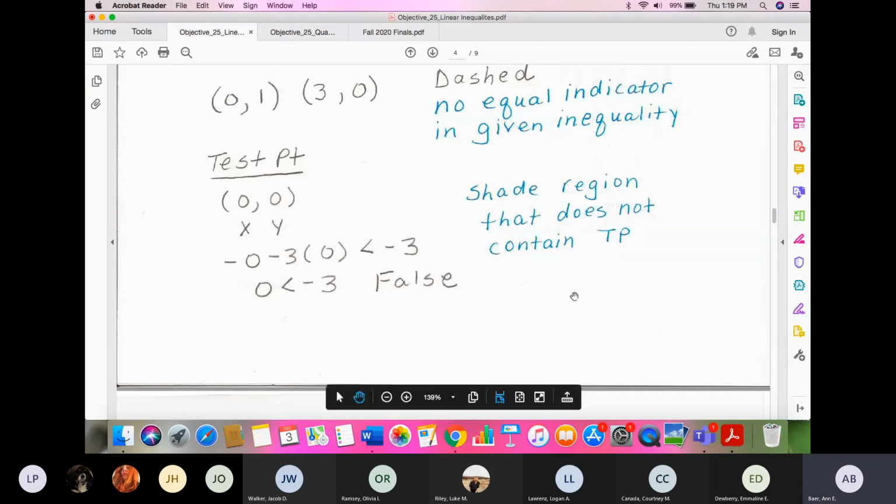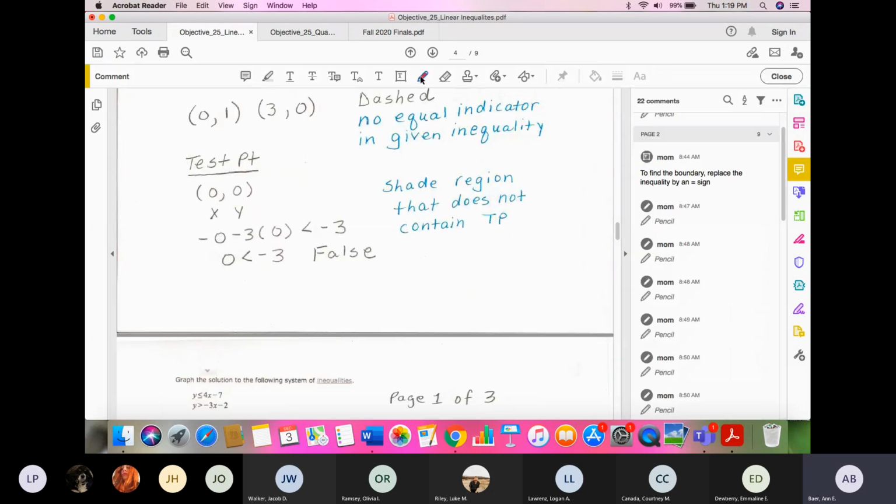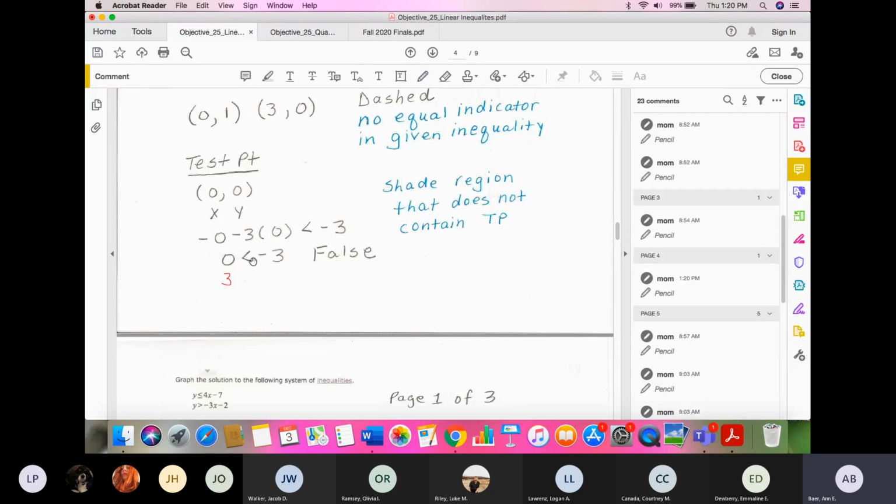Now, one little trick you can do if you don't like it like this, which sometimes is helpful for me if I want to double check, is I could add 3 to both sides, get my 3 on this side, and then I could put down the less than sign, and then I could add 0 to both sides, so the 0 would end up over here.